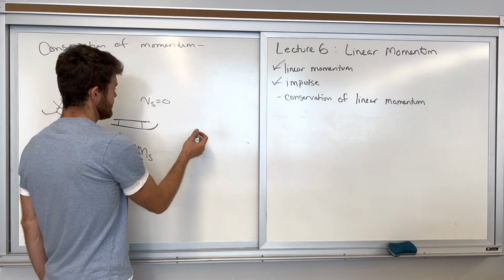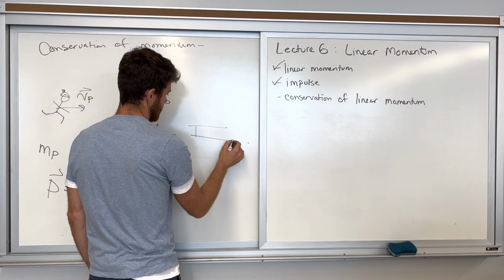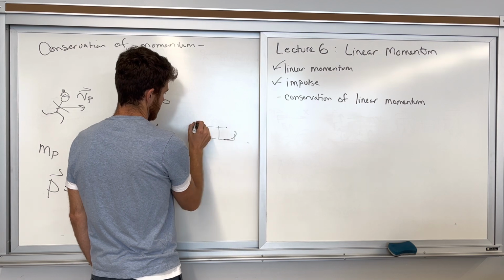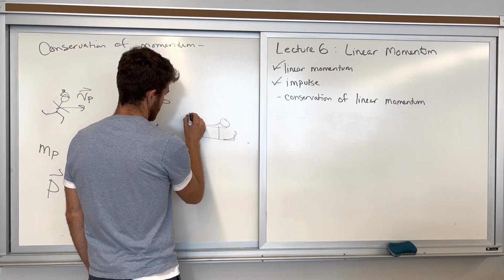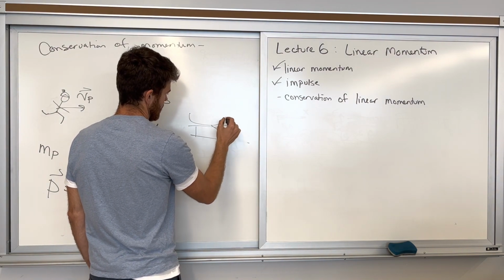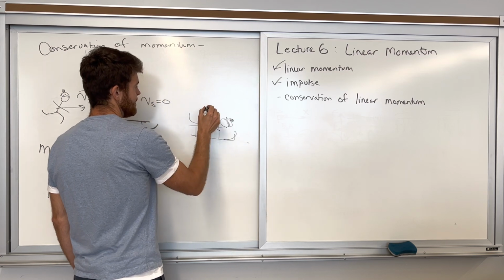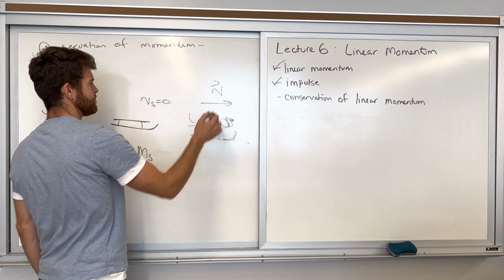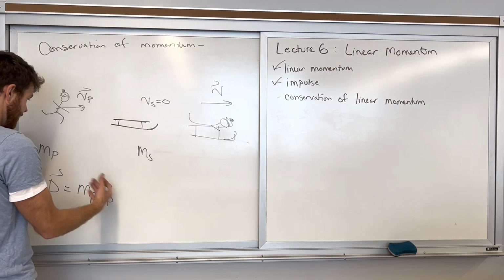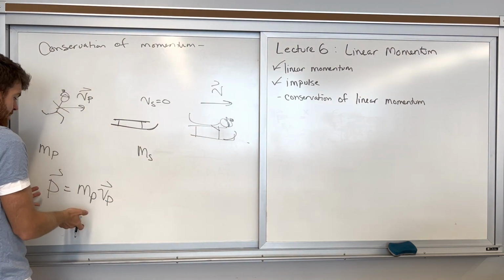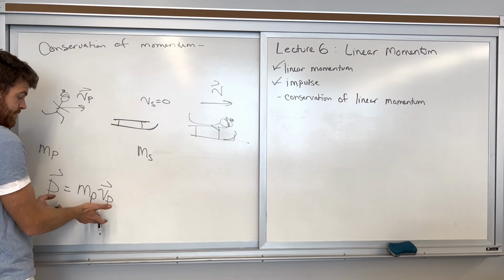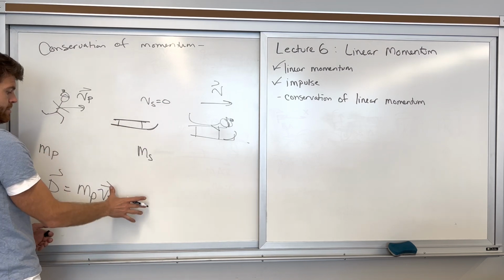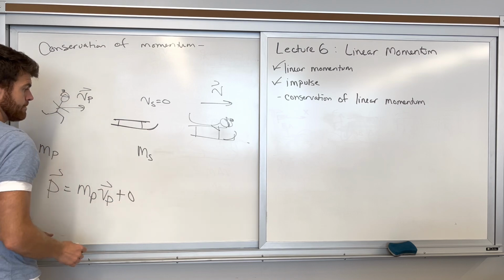The person then jumps on the sled, and together they move with some velocity. What velocity do they move at? Well, before, the total momentum of the system was just the momentum of the person, because the sled has zero momentum.